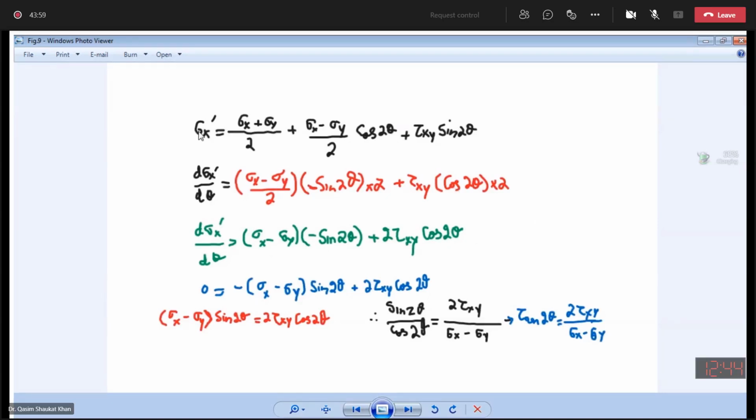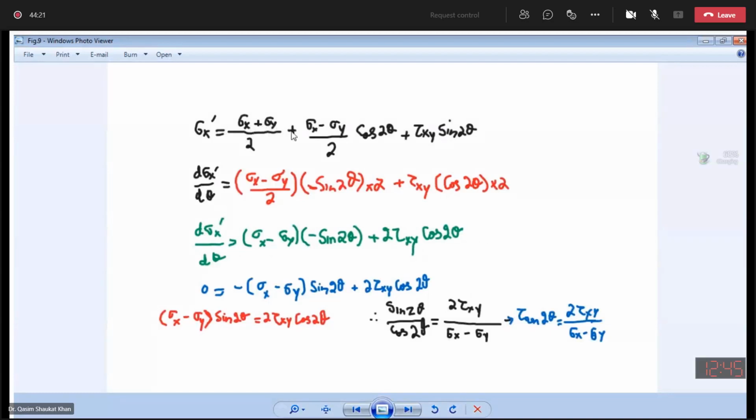So this is our equation: sigma x dash is equal to sigma x plus sigma y over 2 plus sigma x minus sigma y over 2 cos 2 theta plus tau xy sin 2 theta. So taking the derivative of sigma x dash with respect to theta, the first term will be eliminated because there is no theta in this component.